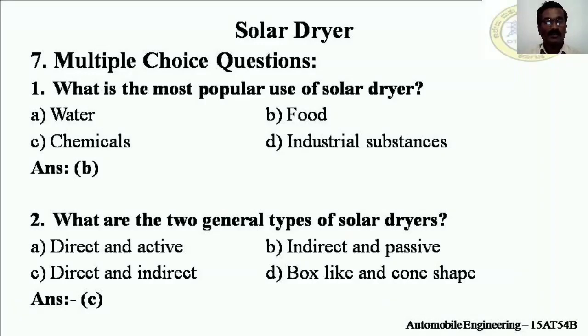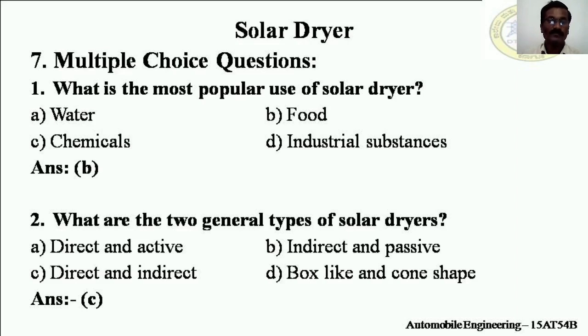Next one is MCQ, multiple choice questions. Here is shown the first question. What is the most popular use of the solar dryers? We have four options here: A water, B food, C chemicals, and D industrial substance.